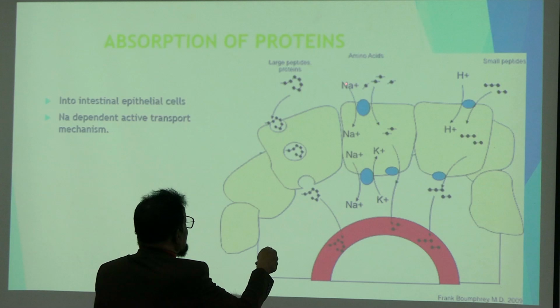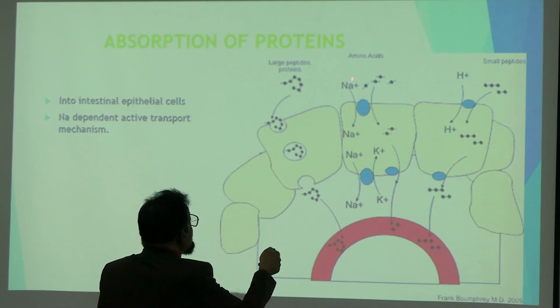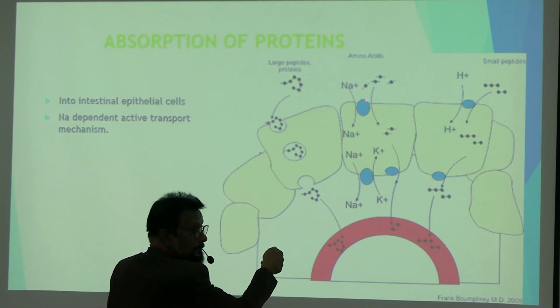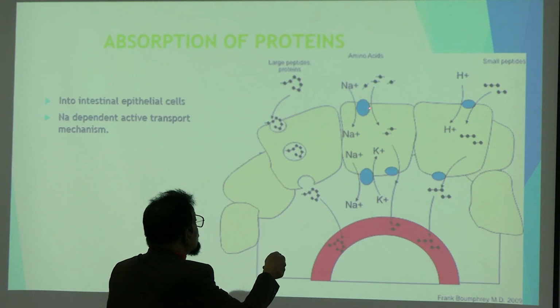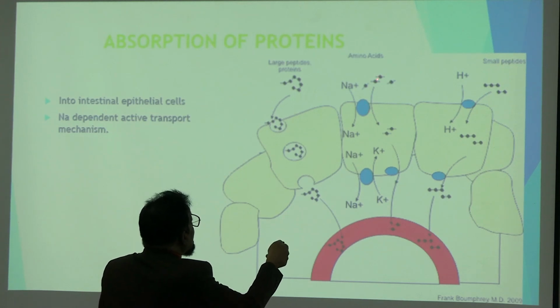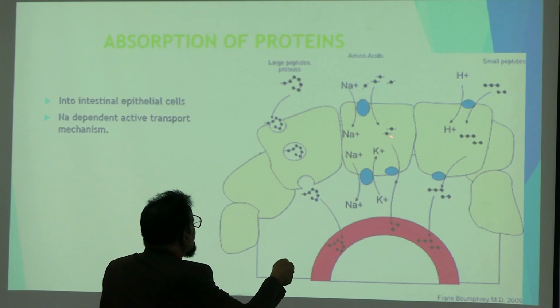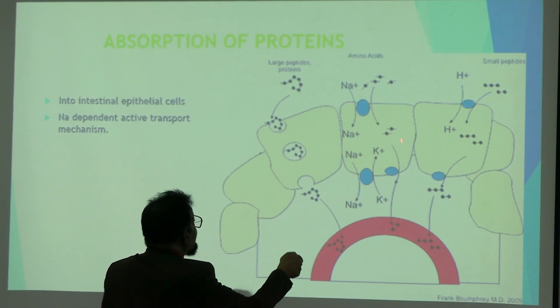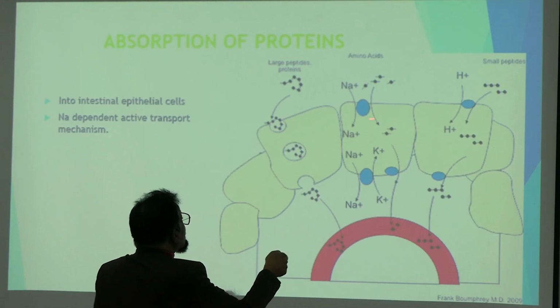Here sodium concentration is high. So because of this high sodium concentration, it will diffuse in with the support of this transport protein, the sodium co-transporter. So this co-transporter will also transport amino acid into this enterocyte. Okay, so this is the co-transport.